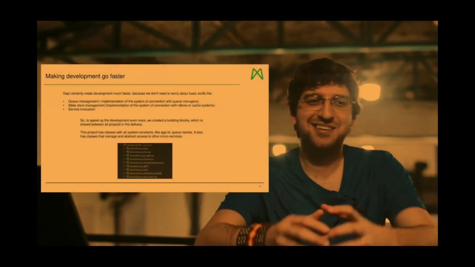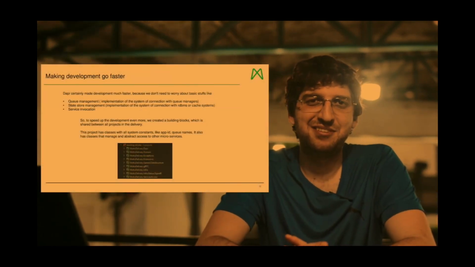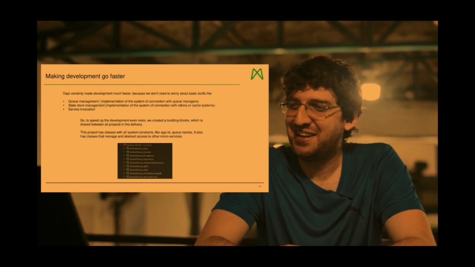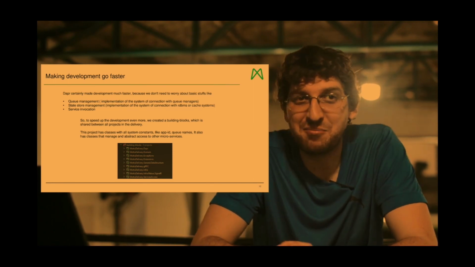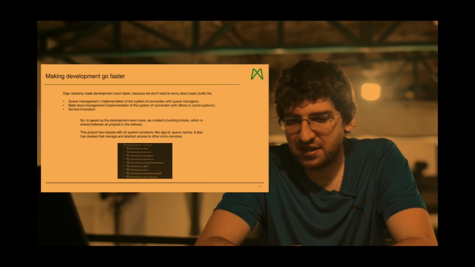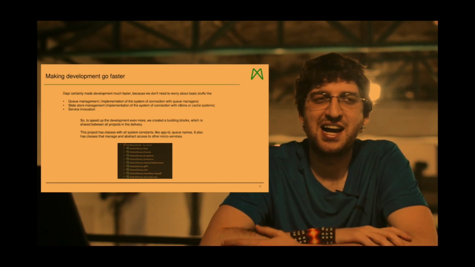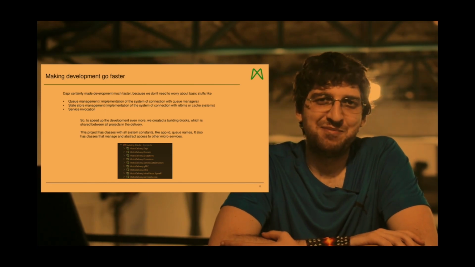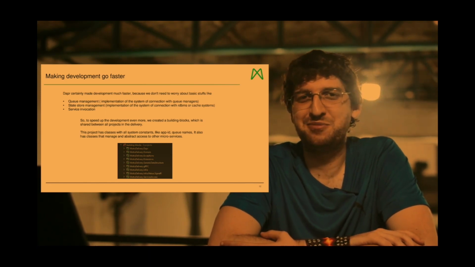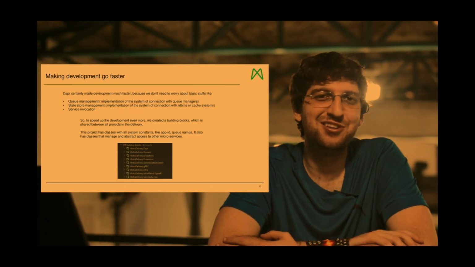With Dapr, we get interesting stuff. It makes the development much faster. Like I said, with another actor system like Akka, we spent a lot of time just learning it or trying to put some cluster online.